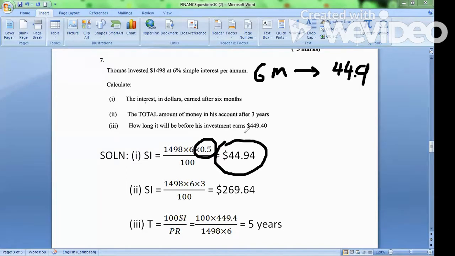Now look at this question here: how long will it take for the investment to earn 449.4? 10 times. Right. So if I multiply this by 10, I'm going to get 449.